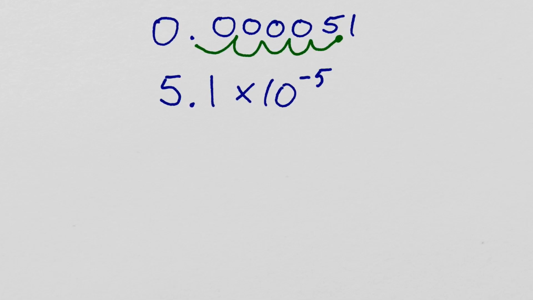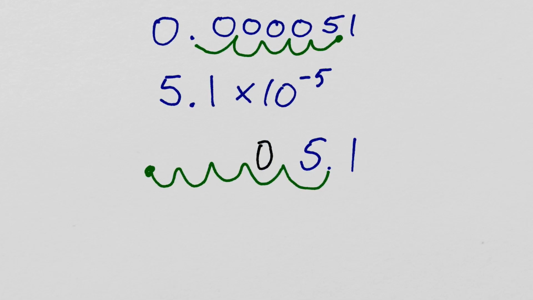Okay, if we wanted to take a small number and make it big, we do the exact opposite. We write down our 5.1, and we're simply going to take our decimal place and hop it over 5 times. So 1, 2, 3, 4, 5. And like we did the last time, we're just going to fill it in with zeros. That's 1, 2, 3, 4.